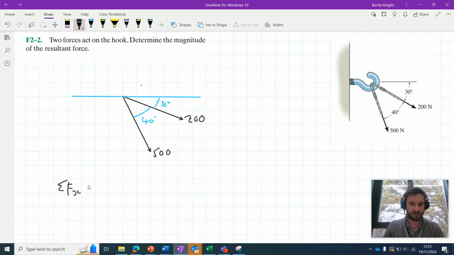We can say that the sum of the forces in the x in this case are going to be 200 cos 30 plus 500 cos 70, taking 70 here to be the sum of this 30-degree angle and this 40-degree angle. Okay, and when I bung that in my calculator, I get 344.2.